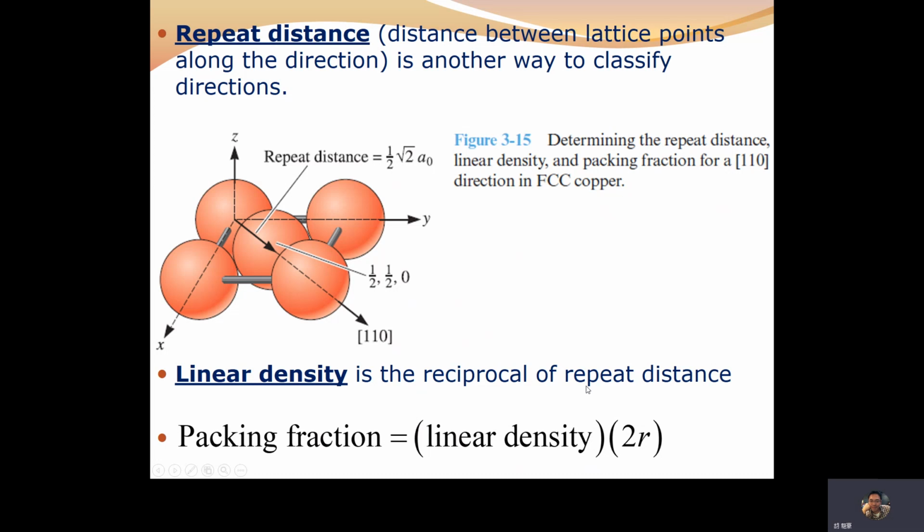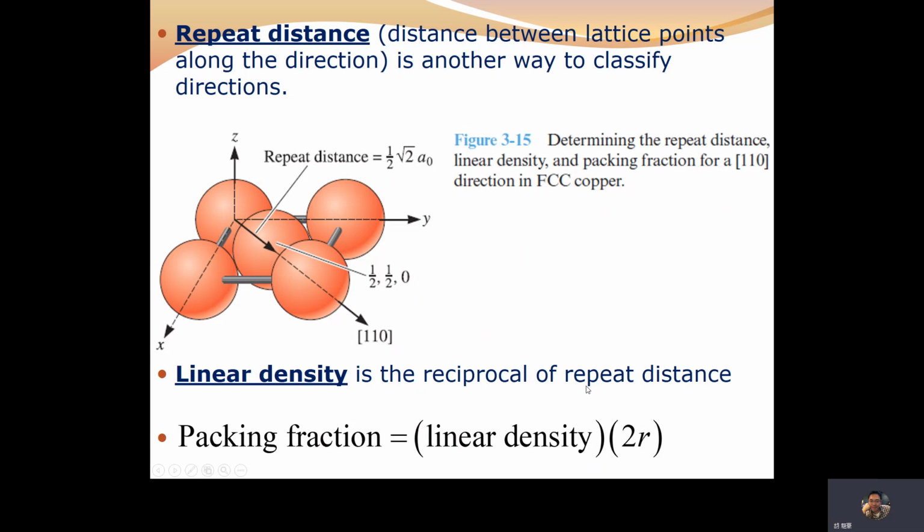So the other way to represent the crystal direction is called repeat distance. What is repeat distance? That's the distance between lattice points along the direction. In the contact direction, it should be the direction where two atoms are in contact.